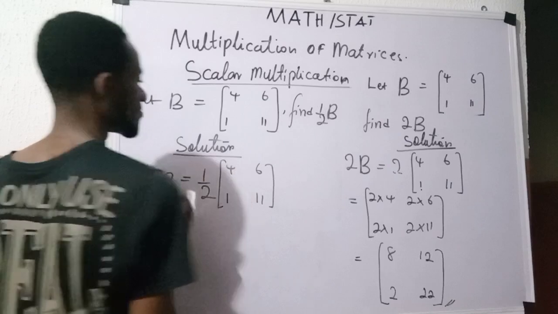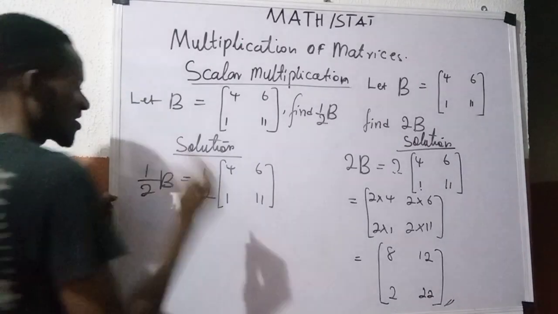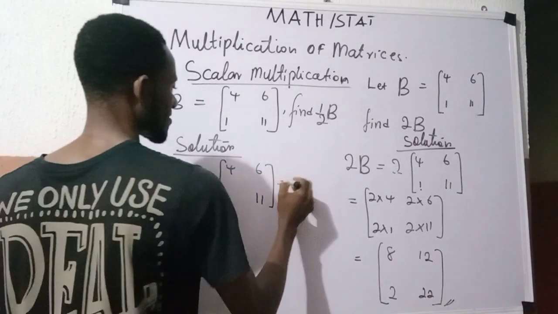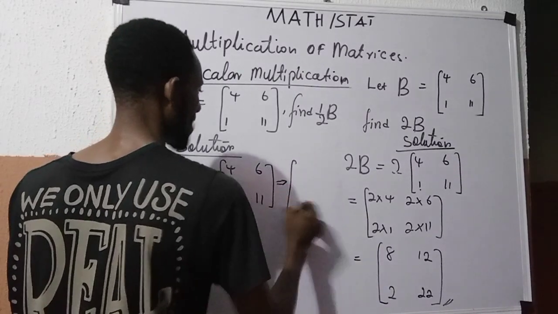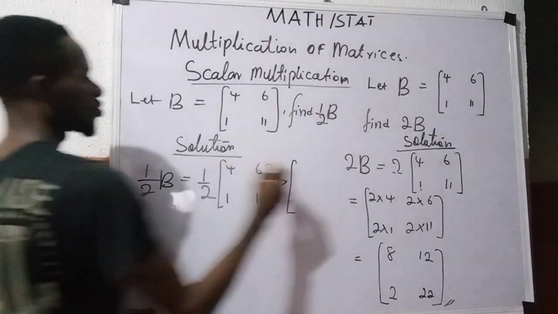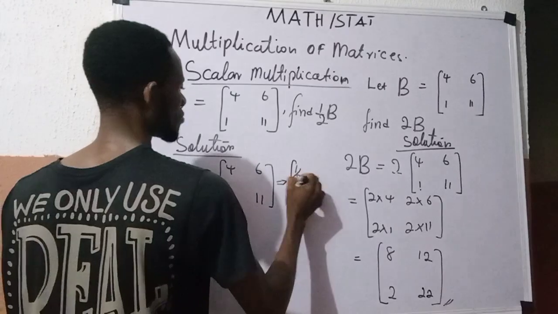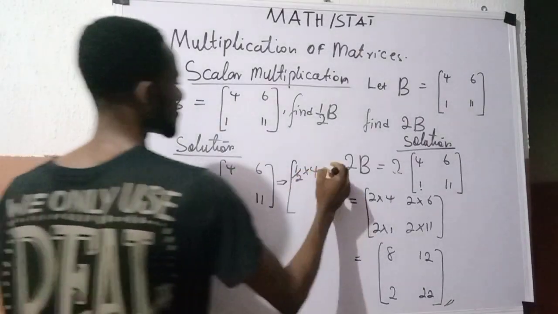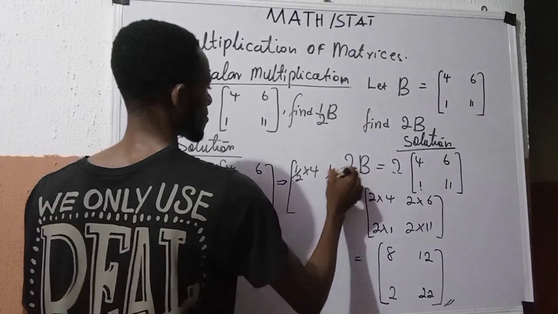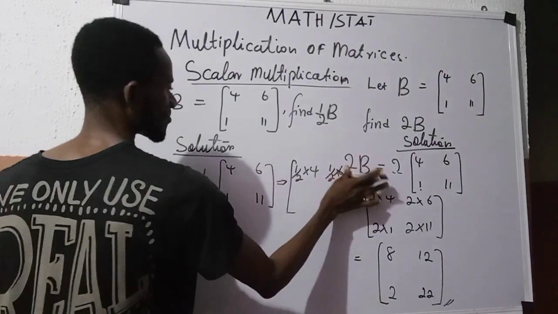I'll close it. And this implies, I'll open a bracket: 1 over 2 times 4, 1 over 2 times 6.